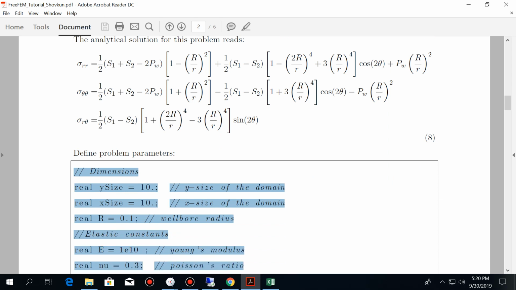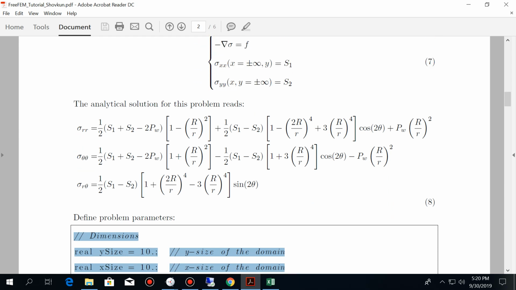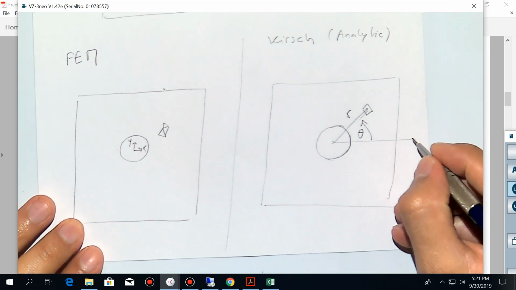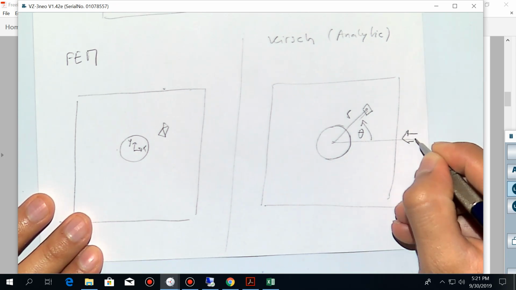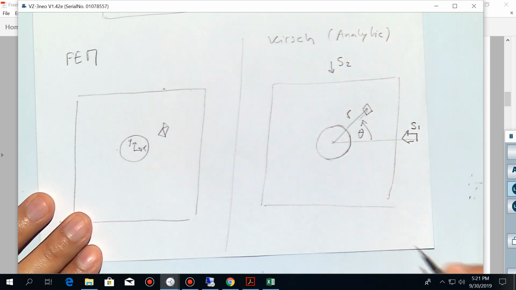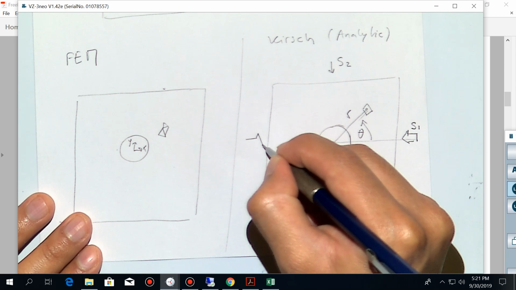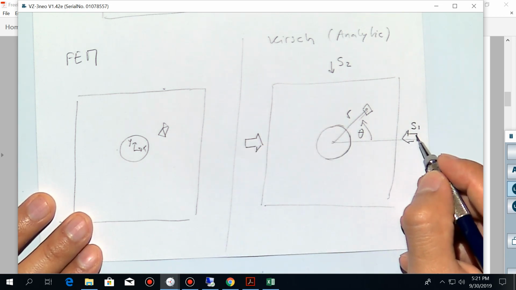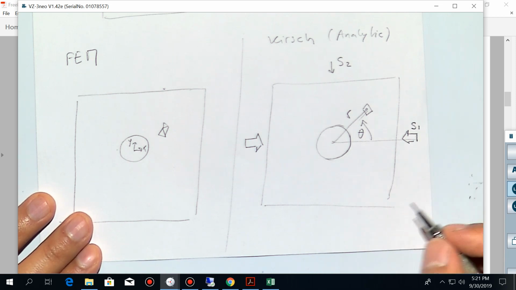And in this case, the maximum direction is S1. Let me double check that, but yeah, that should be the case. Yes. So S1 is in direction x and S2 is in direction y. Theta is measured counterclockwise from the direction of S1.